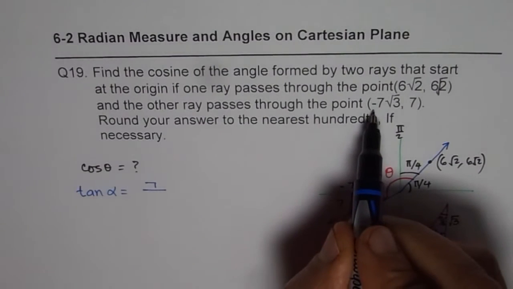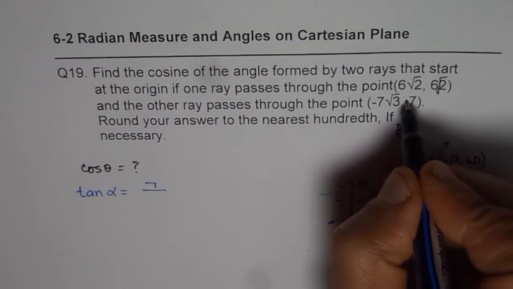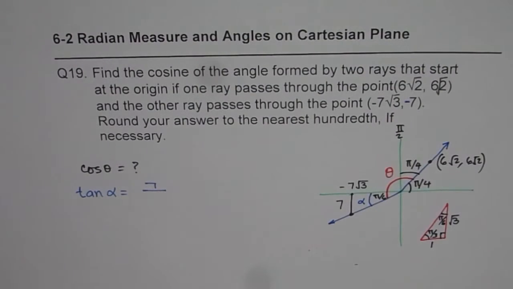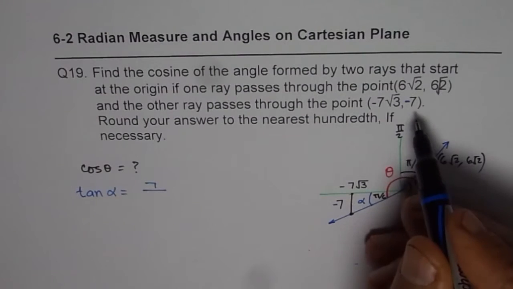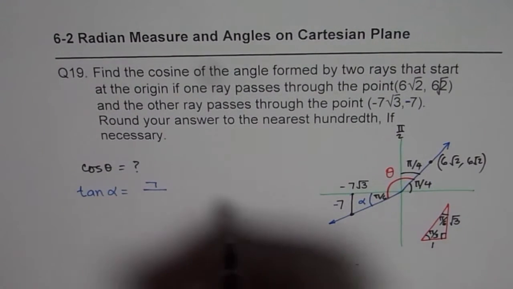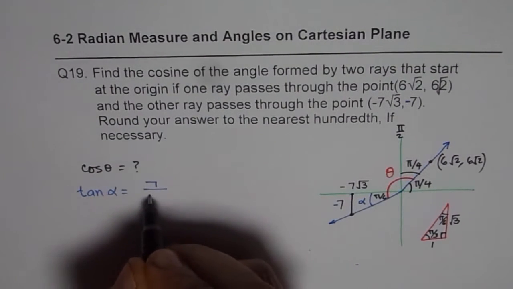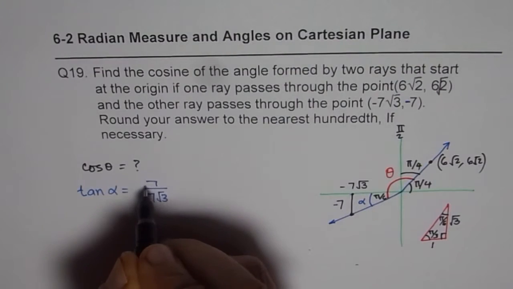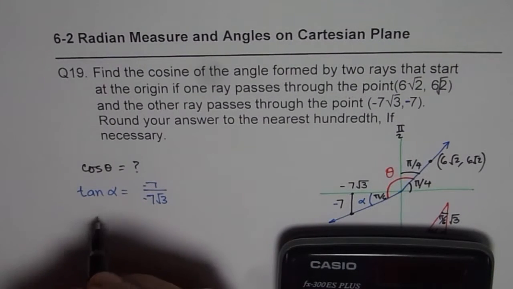I'm sorry, this side is minus 7 and 7. So now let me change the question. I will write minus 7 here itself since I took the y value going downwards. So I changed the question. Okay. So for alpha, 7 is the opposite side, and the adjacent side is 7 square root 3. Both negative will make it positive, correct? So we can use the calculator to find alpha.